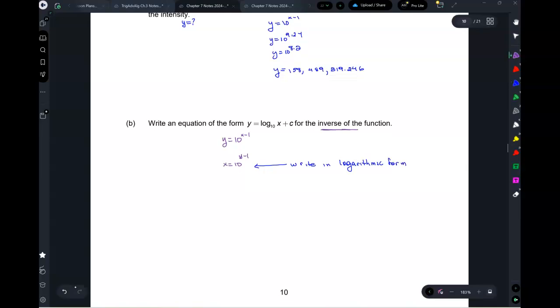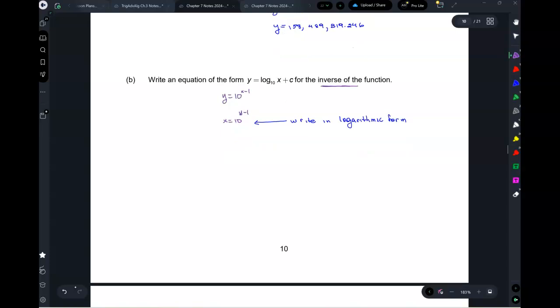So, here we go. Okay, what's the exponent? y minus 1, right? What's the base? 10. So it's going to be log base 10 of x is equal to y minus 1.